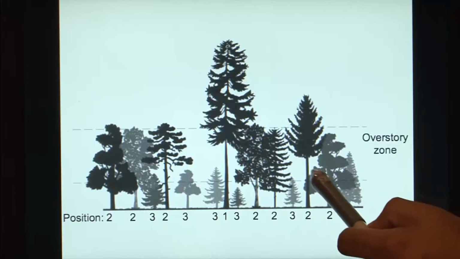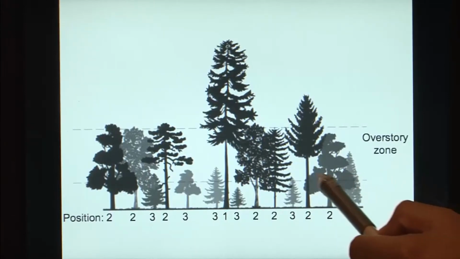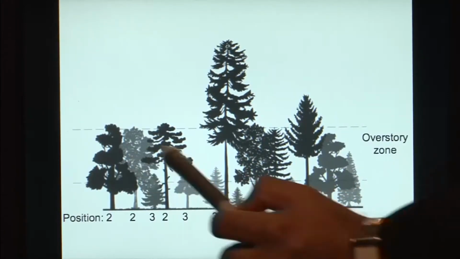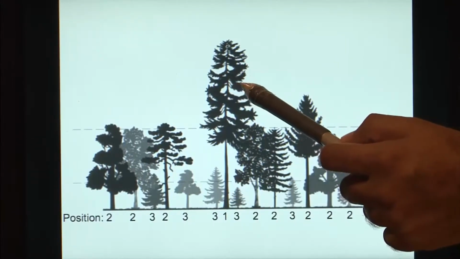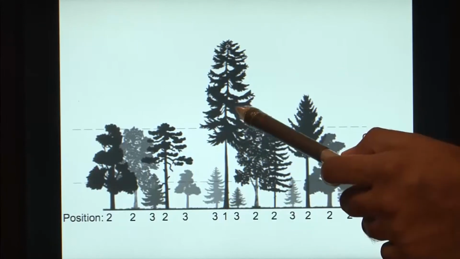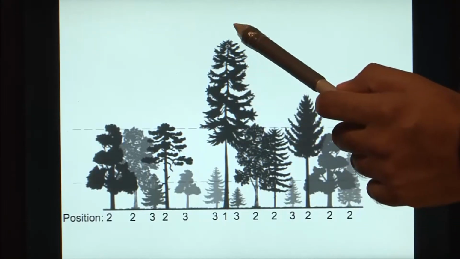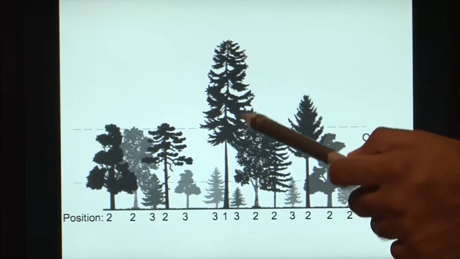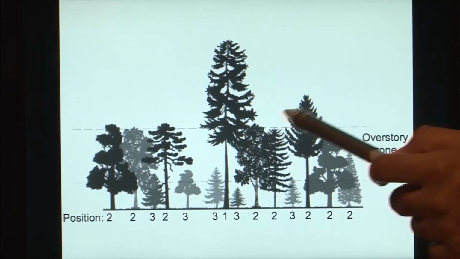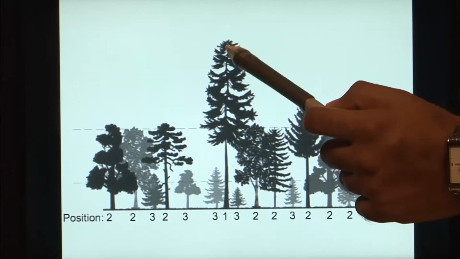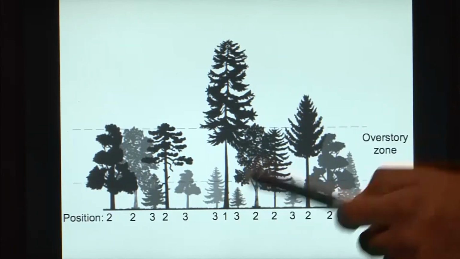Then we have also figured out this line, which is the 50% line. So, now this large tree with the code of 1 is given this code because its top of the crown is twice this height of the overstory zone. Then we will call it a tree of code 1.